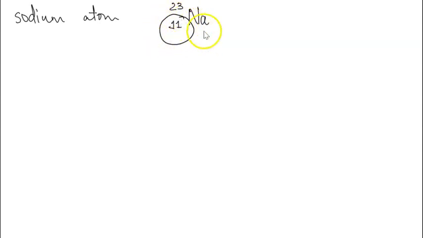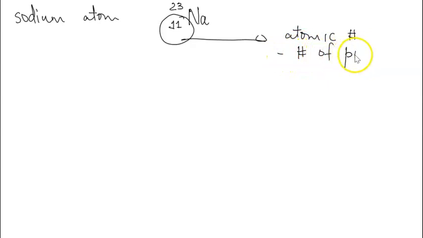So this number here is our atomic number, which gives us the number of protons in the nucleus of the atom, and it tells us the number of electrons in a neutral atom of sodium.